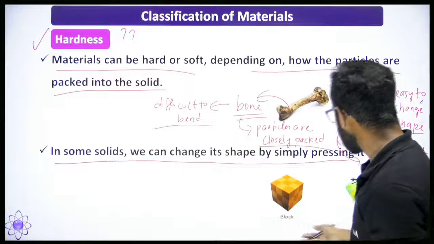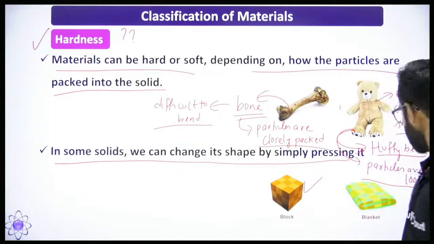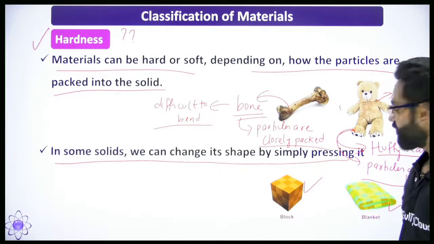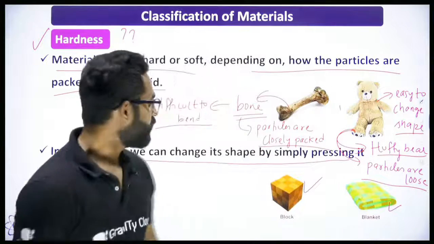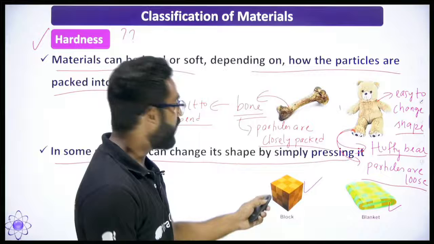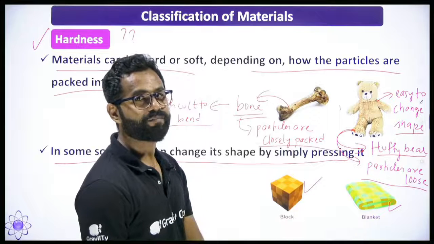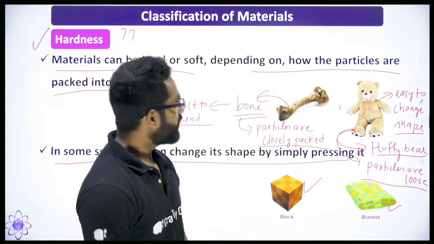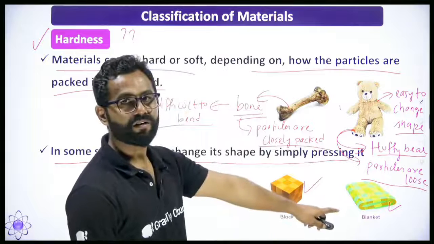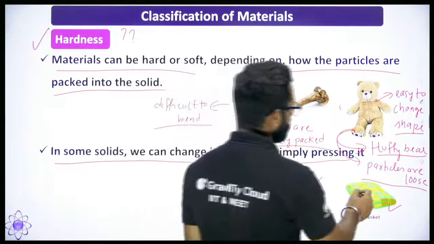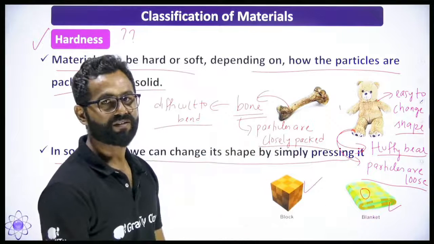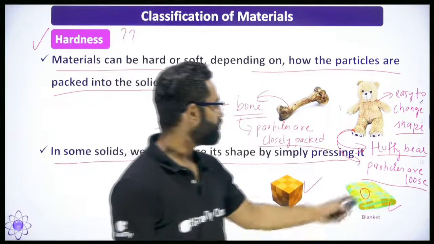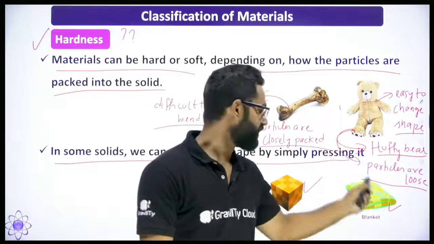Simple. For example, look here, this block and this blanket. If you try to press this hard block, will it change its shape? No. But if you sit on the blanket here, what will happen? It will go down from that place. This area will be pressed if you sit here.